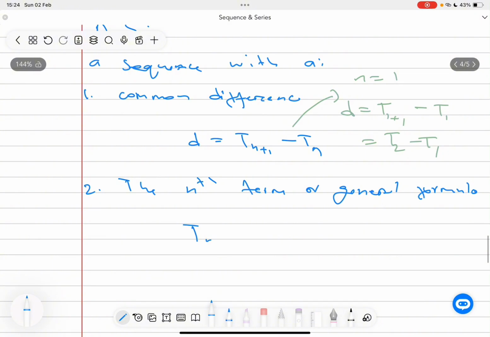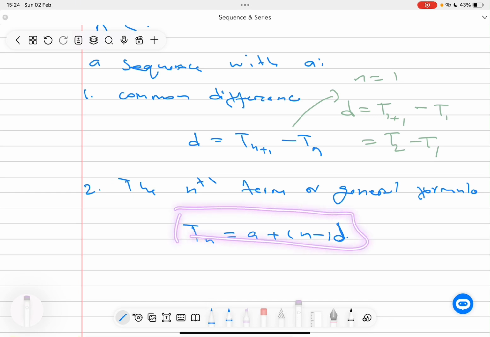That is given by Tn is equal to A plus n minus 1 times D. And remember, this formula assists us to define or to find any term in the sequence. This lesson will expand now into practice questions so that we can use this formula of an arithmetic sequence and study different behaviors of arithmetic sequences.